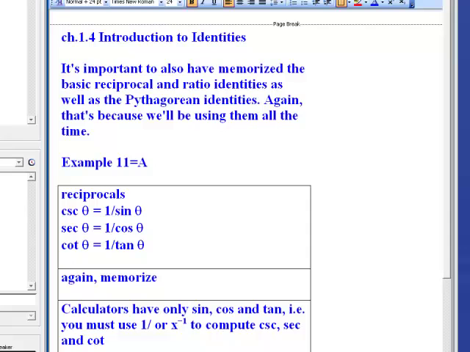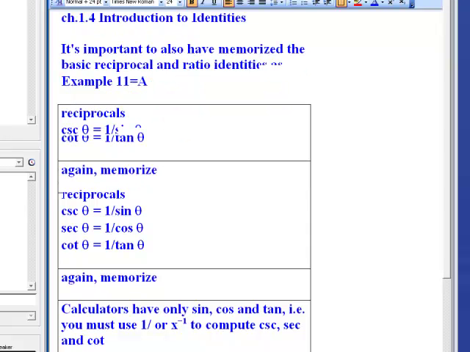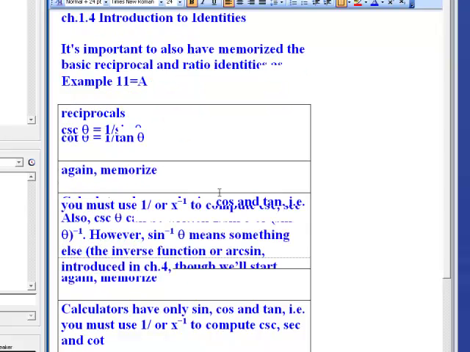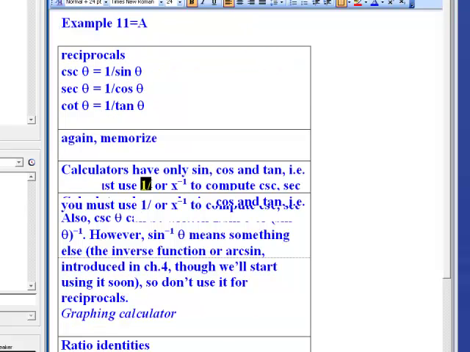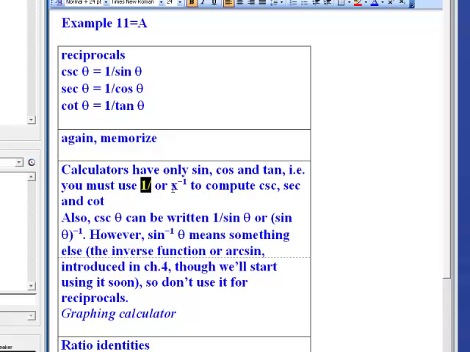Since calculators have only sine, cosine, and tangent, we must use 1 over sine, or sine in parentheses to the -1, in order to compute cosecant. We'll come to the cotangent. One little thing to point out, though: as we use 1 over sine, don't try parentheses sine to the -1 here.